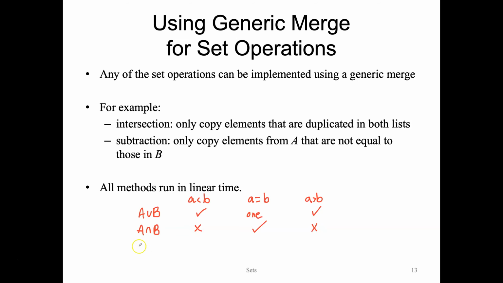And with set subtraction, say we want to take A minus B, we'll definitely include those items that belong in A, but we won't include any items which are in both of them, meaning it belongs in B, or any items that are exclusively in B. And we can implement all of these methods in linear time. So this is just one other way that we can use that generic merge algorithm, like we saw it used in merge sort, although applied to a slightly different setting and applied to implementing a set data structure.